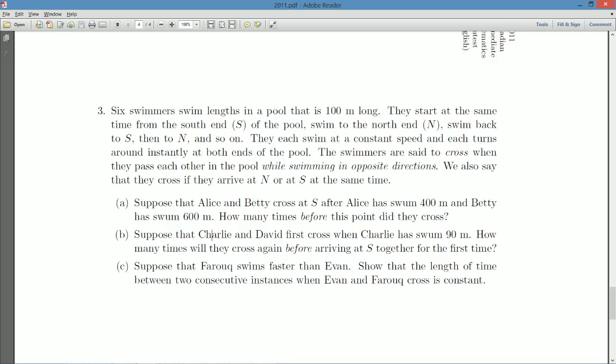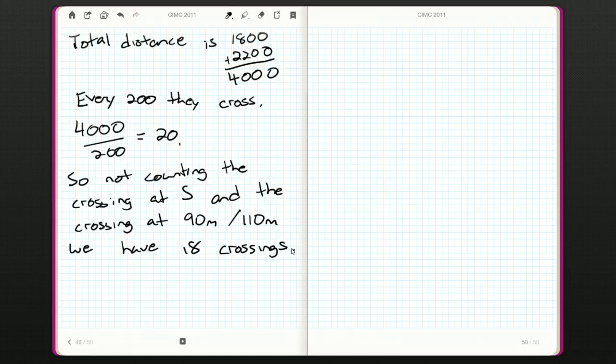Now last question, we'll read that again. Suppose that Farouk swims faster than Evan, so that the length of time between two consecutive instances when Evan and Farouk cross is constant. Okay. So I sort of hinted at a plan of attack for that one before.